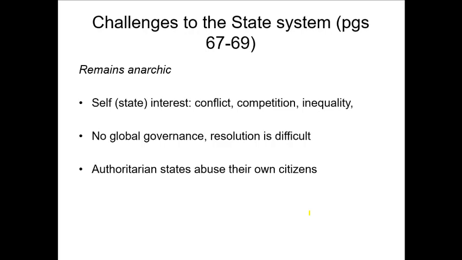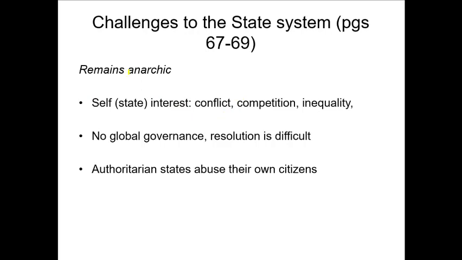We don't really see that. We actually see as much opposition to that as we do a tendency to go in that direction. Certainly arguable either way, but let's talk about the challenges that this state system has facing it.